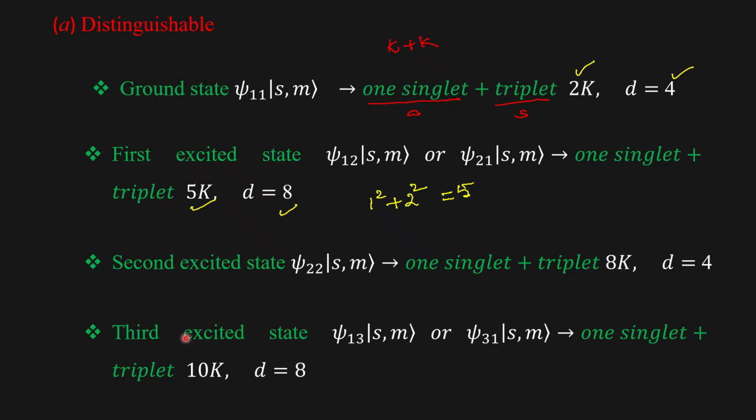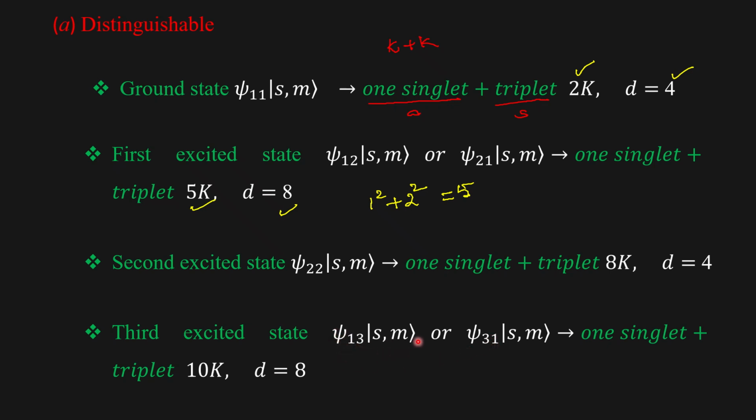Then what about the third excited state? The third excited state is psi 1 3 ket s comma m or psi 3 1 ket s comma m. Remember that since the particles are distinguishable, you can distinguish psi 1 3 from psi 3 1.